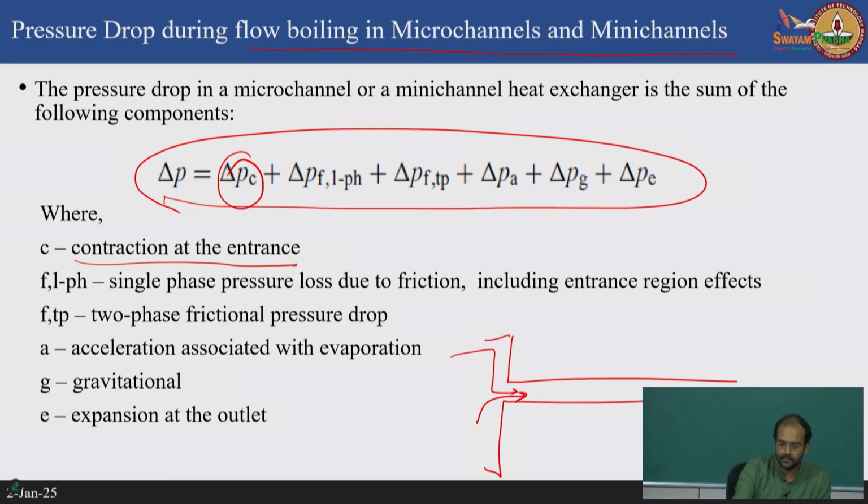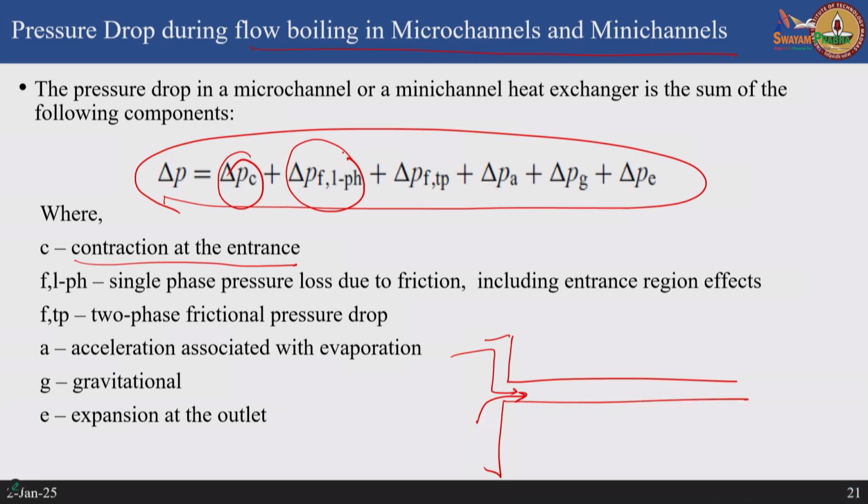Then a significant portion could be covered by only single phase liquid, because once you start heating this channel, it is not going to immediately start boiling. It has to reach the saturation temperature of the fluid at some location, probably somewhere downstream, but from the entrance till this location it is going to be primarily single phase.